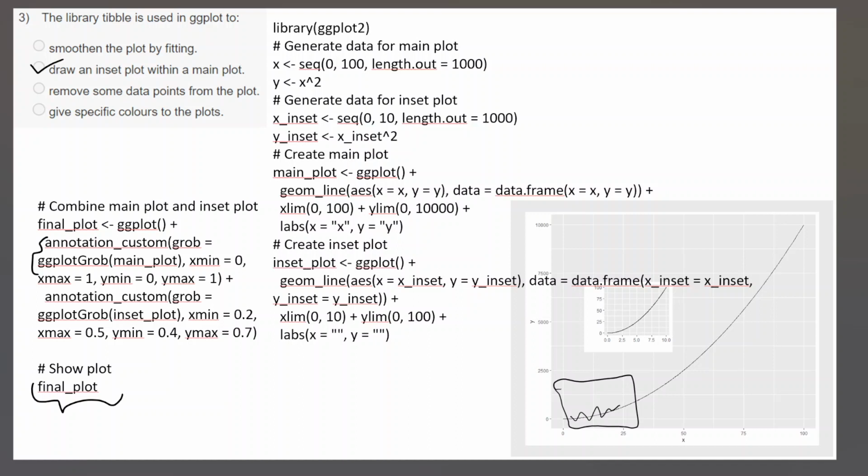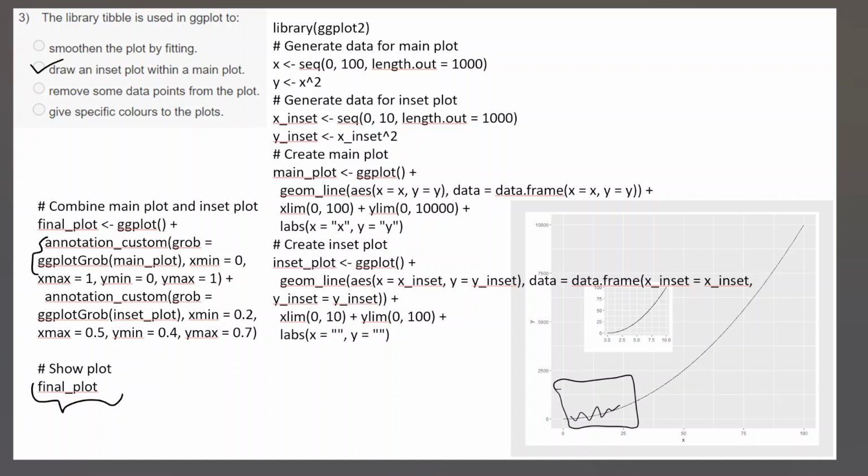So library ggplot2. Then we are providing a sequence from 0 to 100, with length.out 1000, so it produces 1000 sequential values from 0 to 100. Then y is equal to x squared, a function that generates the data.